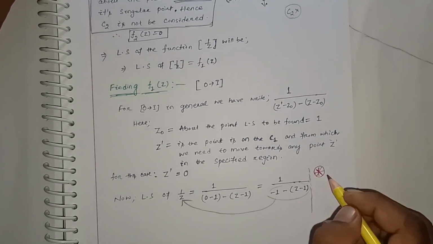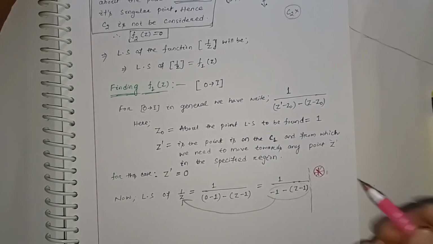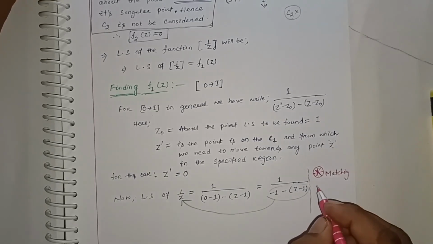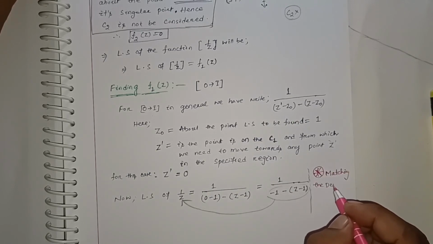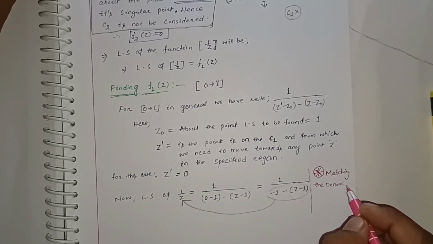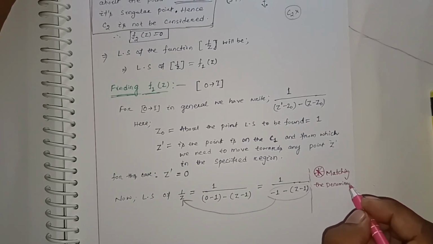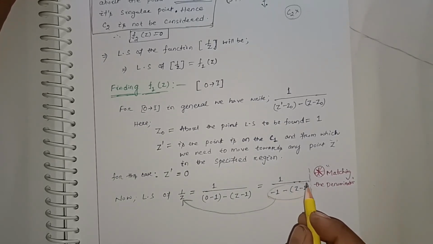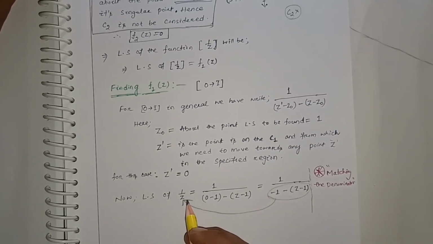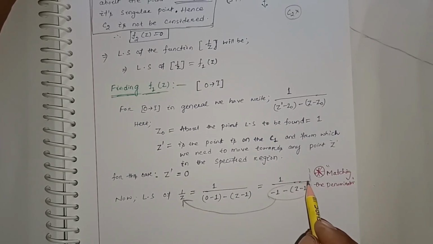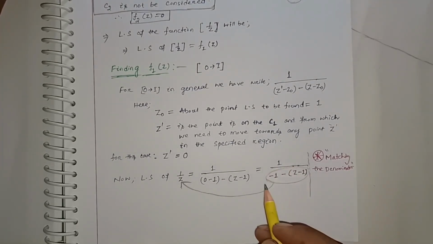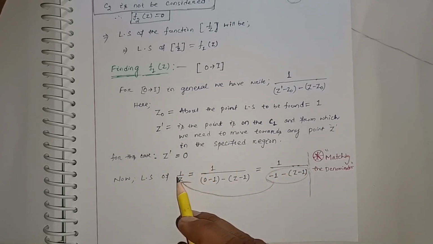So here this point is matching the denominator. If it is not so, then we have to further modify this result to match it.